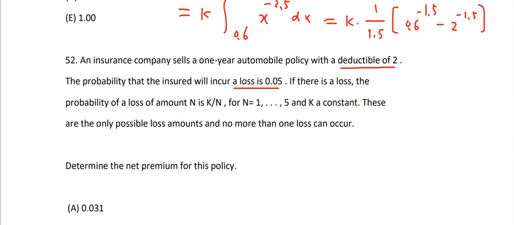If this damage happens, the loss amount n can be 1, 2, or 5, right? Then we want to find the net premium, or just the expectation for payment.